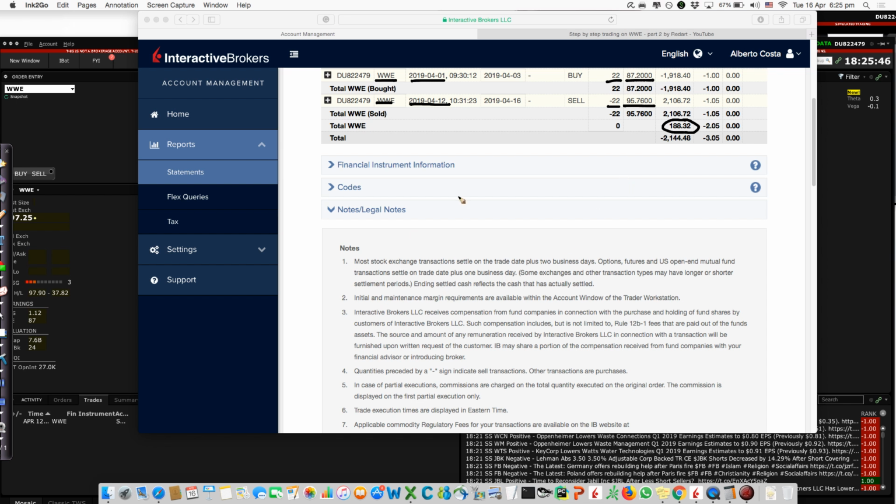Now, let's have a look again at the data we used last time to enter the trade. So remember, we had a target at 95.76, and then we have the entry stop limit at, remember, stop limit means if the price is trading between the stop and the limit, the order is triggered.